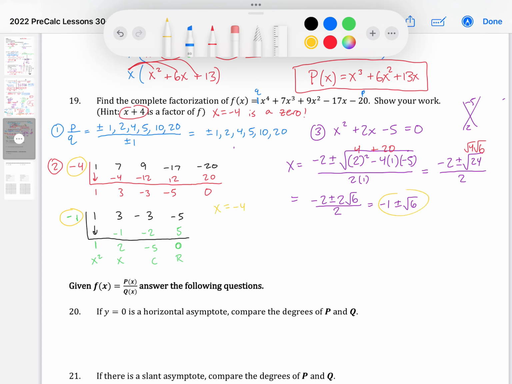So we'd have x equals -4, x equals -1, x equals -1 plus root 6, and x equals -1 minus root 6.